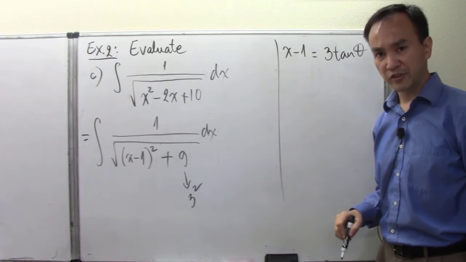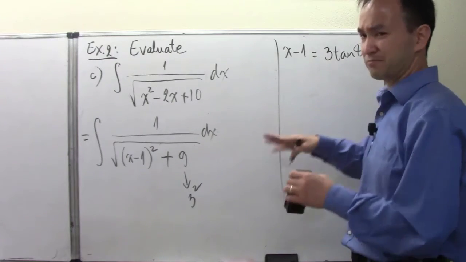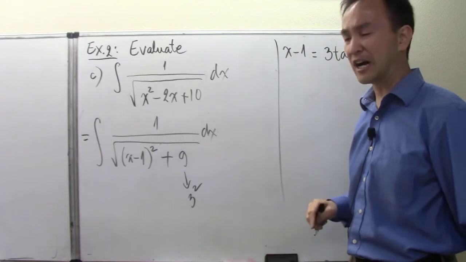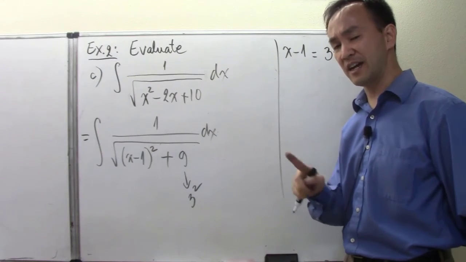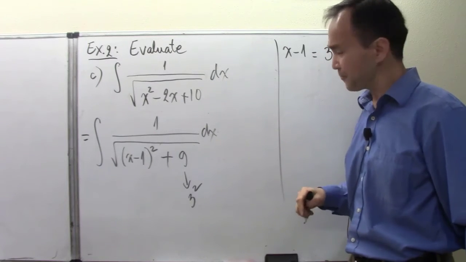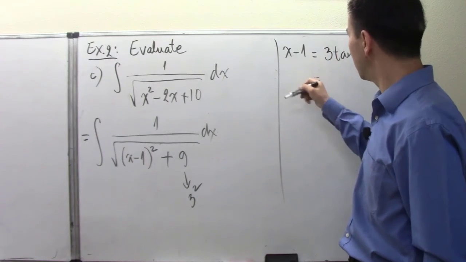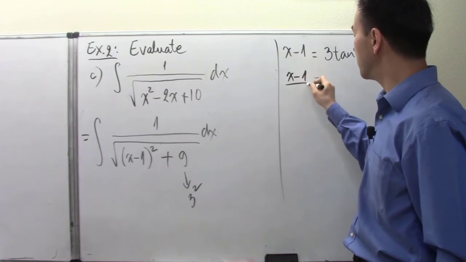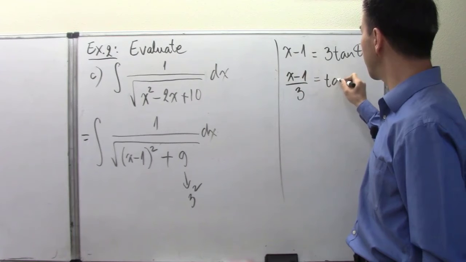Allow me to start skipping that requirement: we know in the back of our mind that theta is anywhere from minus pi over 2 to pi over 2. I'm not going to write it here anymore. Consequently, this relationship can be turned into x minus 1 over 3 equals tangent theta.